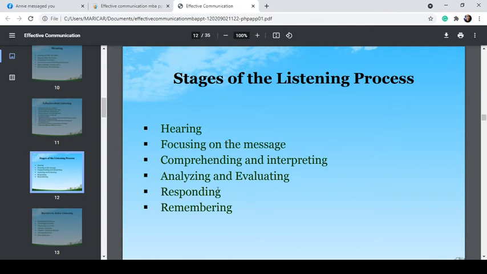Tapos na-analyze mo at na-evaluate mo na talagang maganda ka kasi syempre matangos ang ilong mo, matangkad ka, maputi ka, based on their perception. At dahil na-evaluate mo yung sinabi niya, nag-response ka ngayon. Nag-response ka ng thank you. This is the way on how you reply. And then right after, na-remember mo yung sinabi niya. Okay? So, these are the following stages of listening.